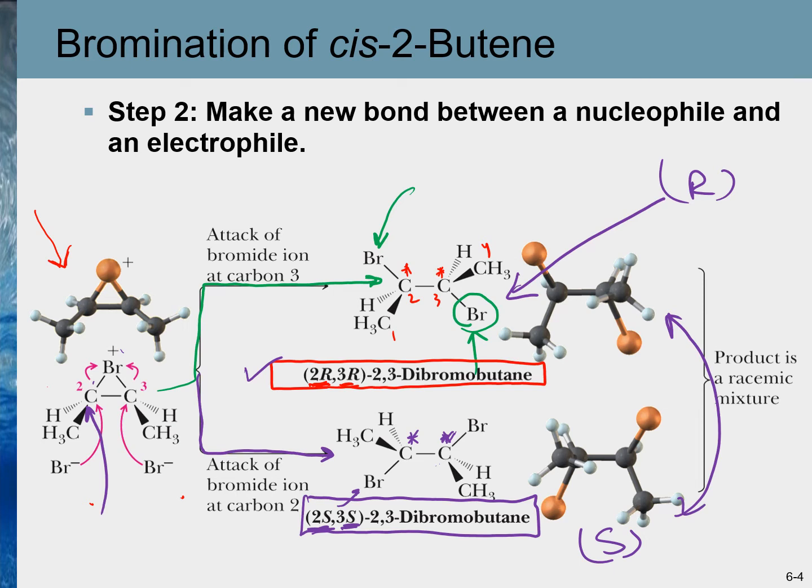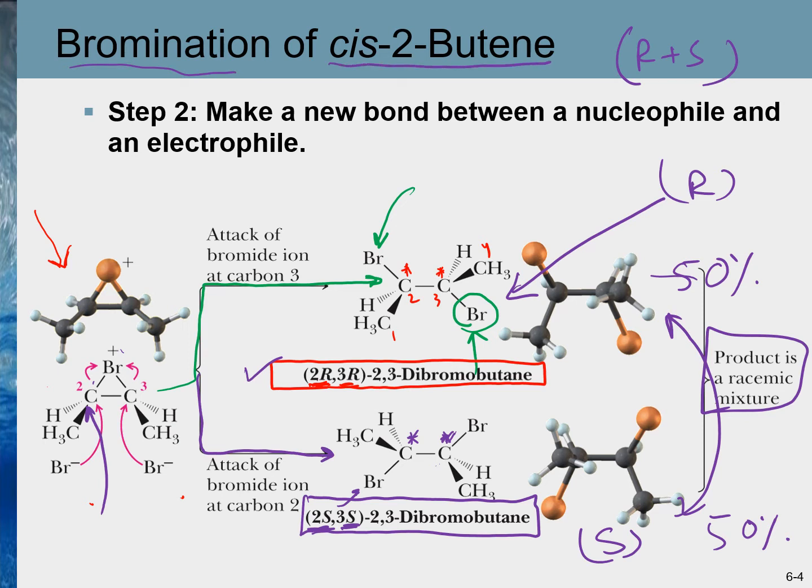Now there is a 50% chance that we get R, and a 50% chance that we get S. So the product will be a racemic mixture, which we know is a 50-50 mixture of R plus S. Therefore, if we conduct the bromination of cis-2-butene, we will get a racemic mixture of R and S enantiomers. We'll get both enantiomers, and the quantity of R and S will be 50-50.